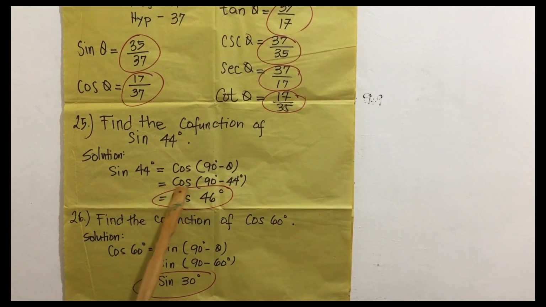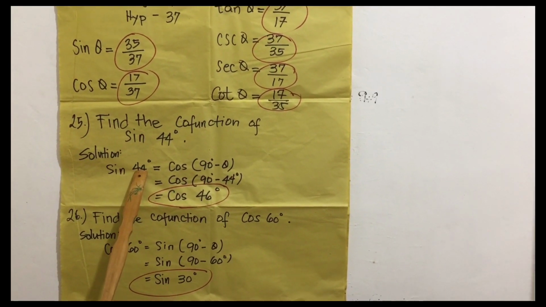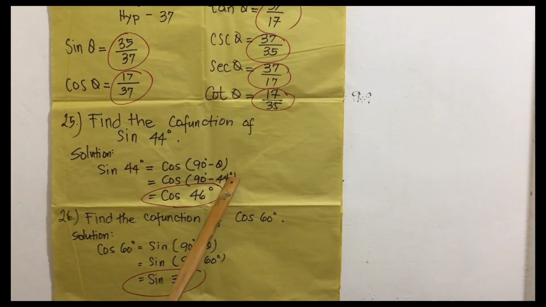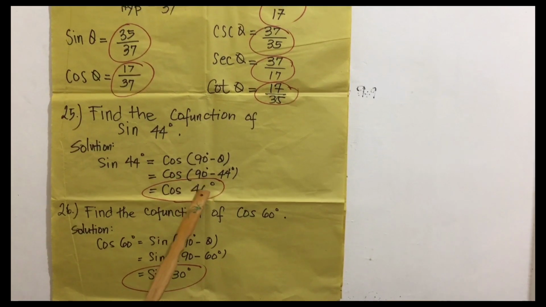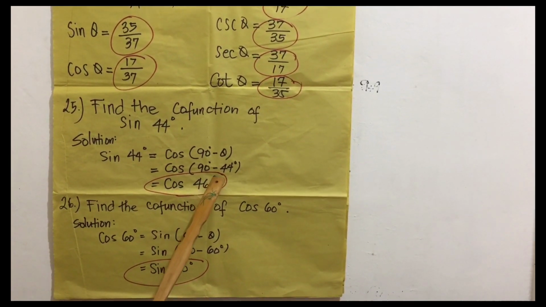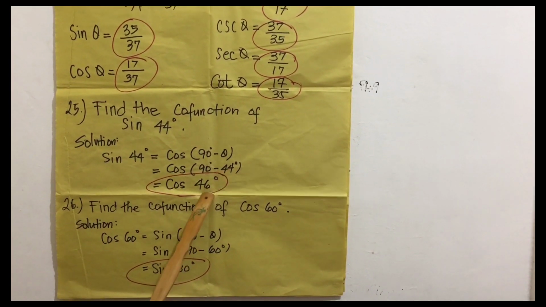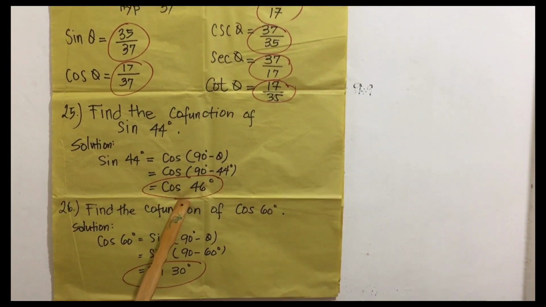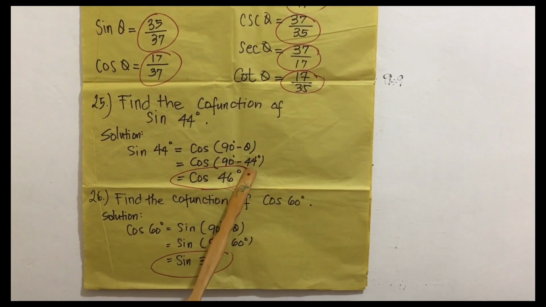Now, cos of 90 minus 44 degrees, so we have now cos 46 degrees. You just copy the cos, and the difference of this will be our final answer, the cofunction. The cofunction now is cos 46 degrees.